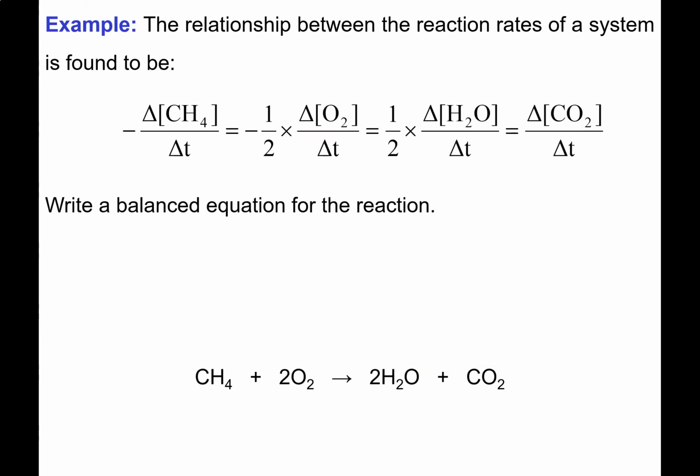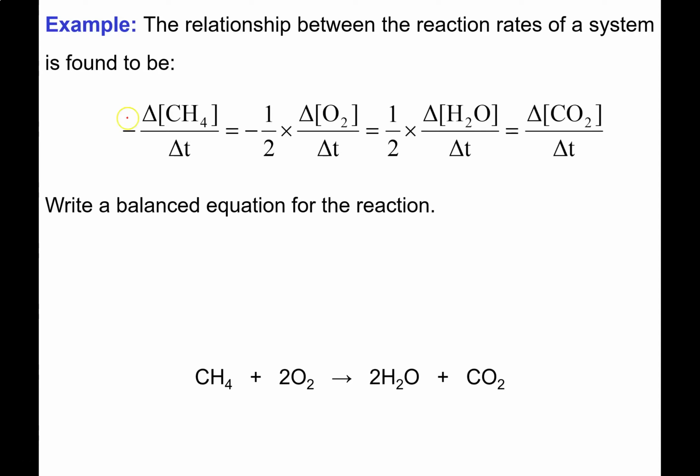Okay. Here's one where we're given the relationship between the rates of reactions of a reaction, and we're asked to try and figure out what the balanced reaction is. So it says that the relationship between the reaction rates of a system is found to be, and what I'm always looking for here is what are the reactants and what are the products.